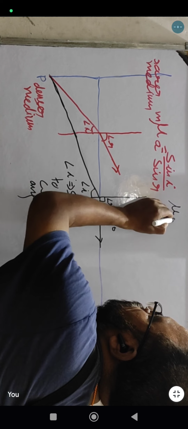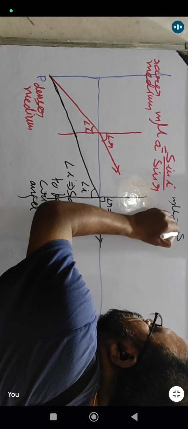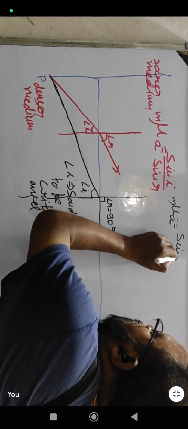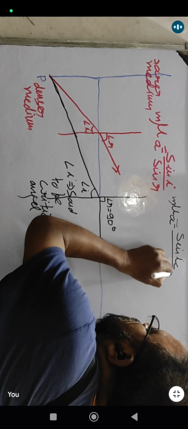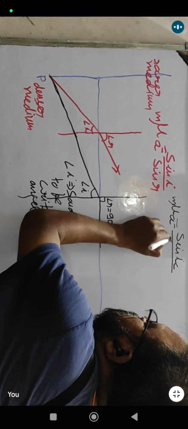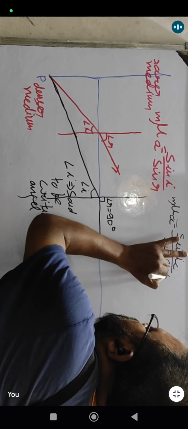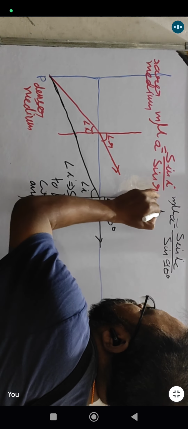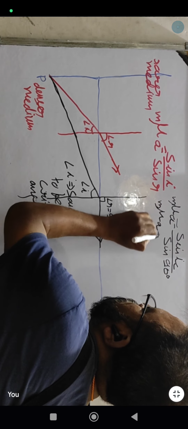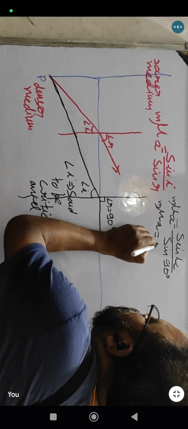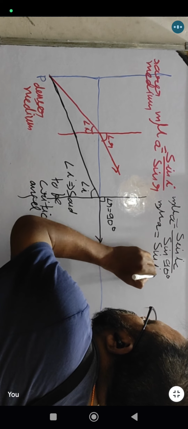The refractive index of air with reference to the material is equal to sine I, that is sine IC, the critical angle, over sine R, which becomes sine 90 degrees. Sine 90 is 1. So the refractive index of air with reference to the medium is equal to sine IC.